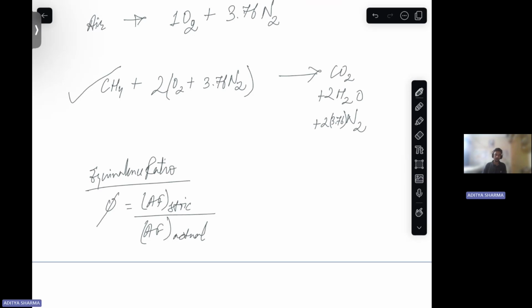This is an apt situation where the fuel will be totally combusted by the available oxidizer.